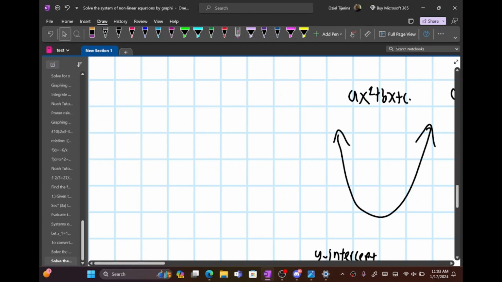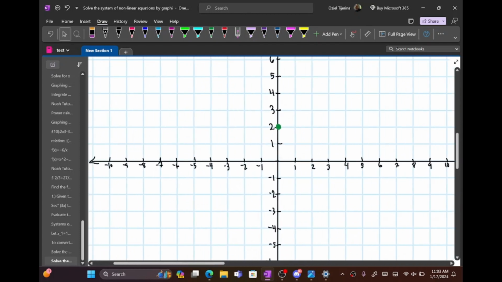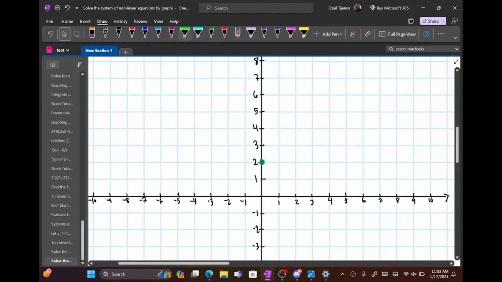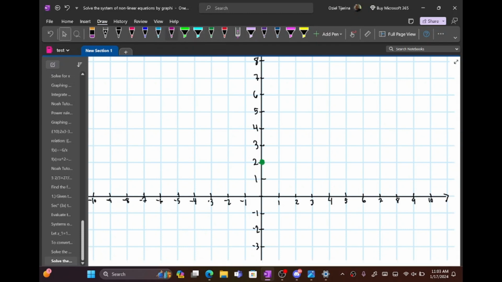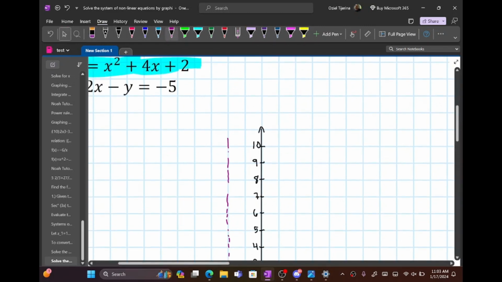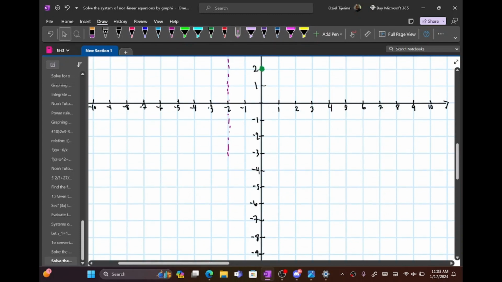So then our axis of symmetry is x equals negative 2. So we're going to draw a dashed vertical line. This is going to be our axis of symmetry, guys, and that will be the axis of symmetry, x equals -2.